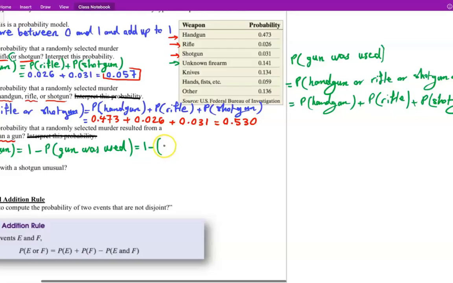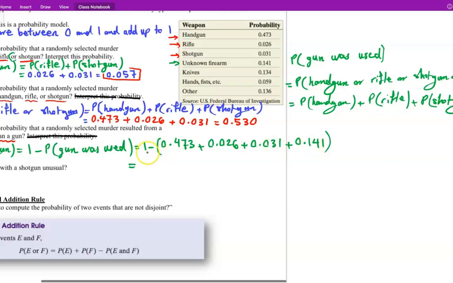We have 0.473, that one. Third one is 0.31, and finally 0.141.